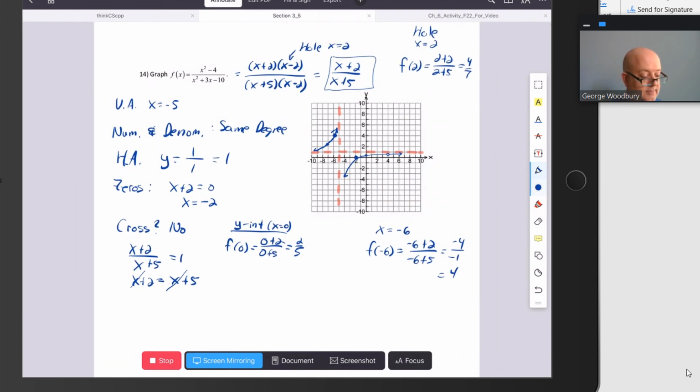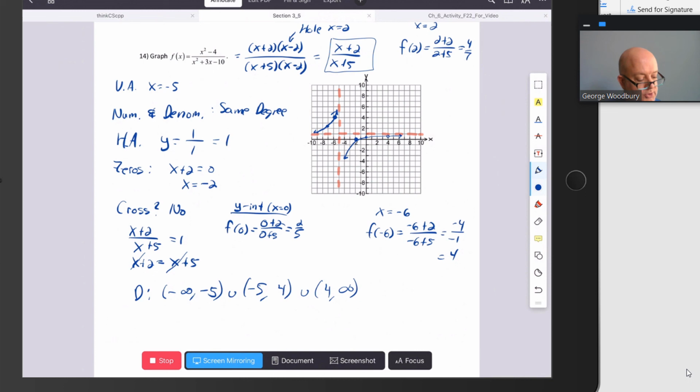The domain is negative infinity to the vertical asymptote at -5, union -5 to 2, where the hole occurs, union 2 to infinity.